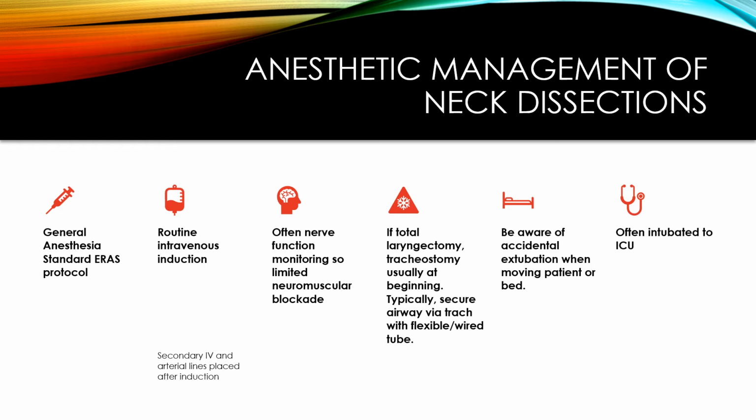With these tubes, always with all tracheostomies, be aware that there can be accidental extubation when moving the patients. And often you're going to transport this patient directly to the ICU, and they'll be on the vent. Oftentimes you'll have to manage the ventilator settings in the post-op period, so you just need to be aware and ready to do that.